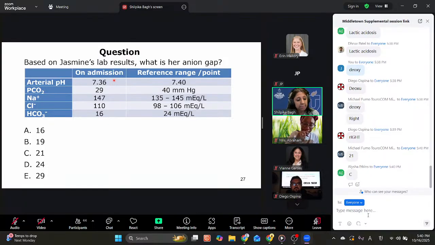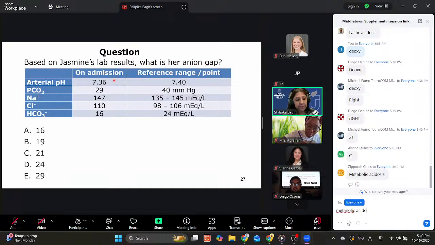Anion gap metabolic acidosis. See, you connect from globular protein, go back to your metabolic acidosis. It's because of gain of acid or loss of bicarb. Very good, I like that answer. Anion gap is high in metabolic acidosis.